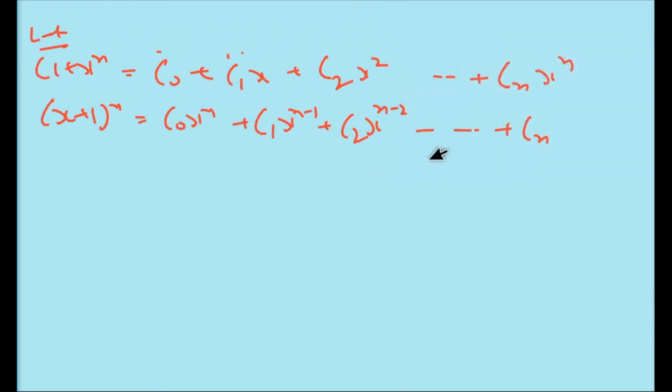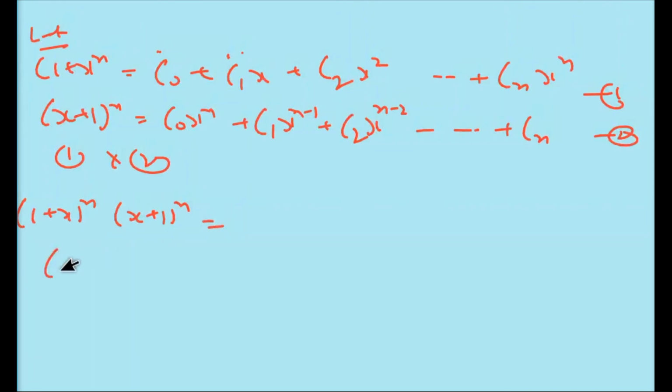Now if we multiplied 1 into 2, what we get here? We get here (1 plus x) to the power n times (x plus 1) to the power n, that is (1 plus x) to the power 2n. So this will be expansion of (1 plus x) to the power 2n, and we can see here if we multiply this one and this one, what we get here?